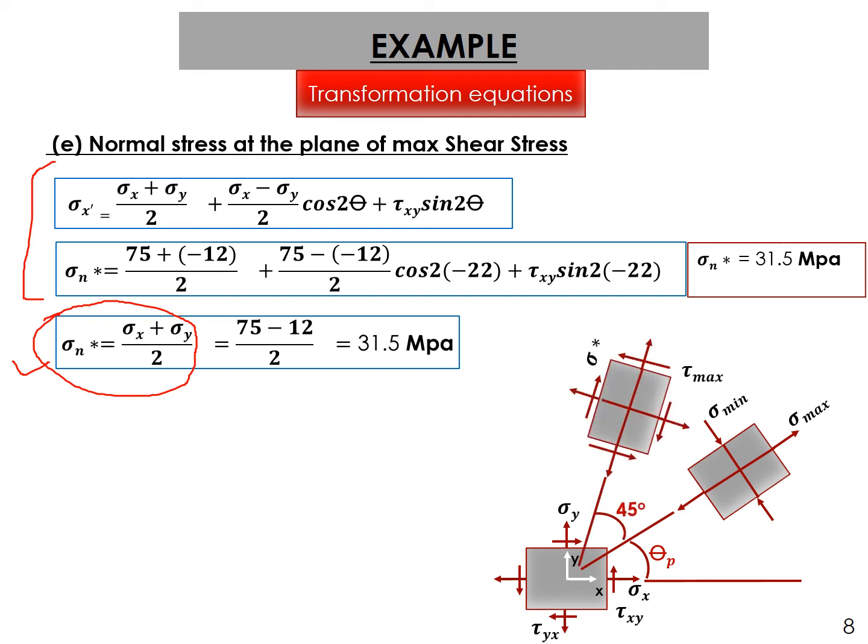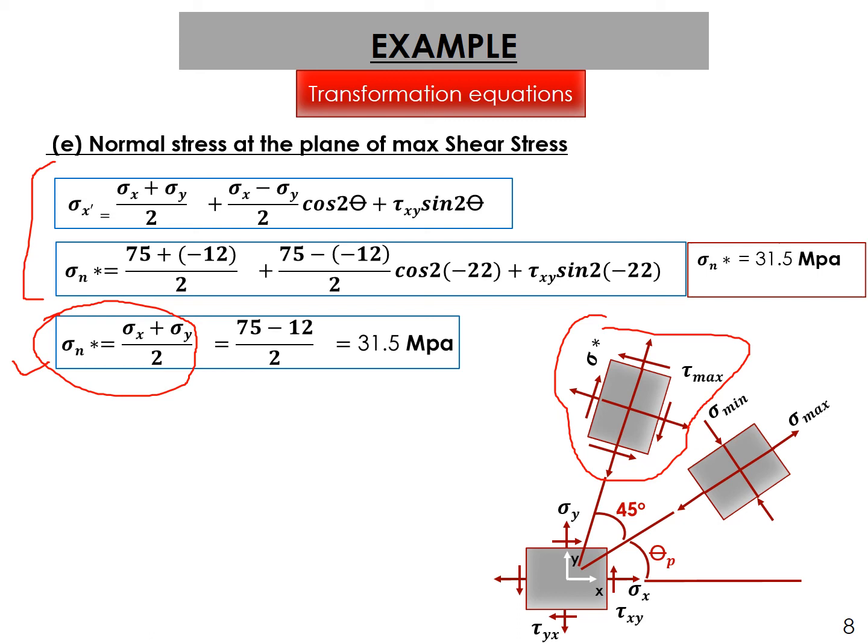So this becomes the position of your maximum shear stress axis. At maximum shear stress, yes, it's tau max, but here we will get some normal stress also, which has been shown here with that star superscript. So this is how you symbolize this element.